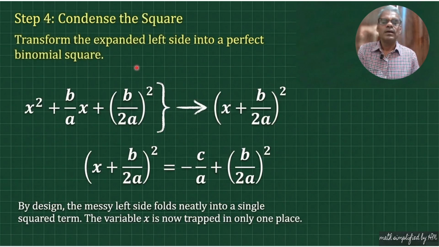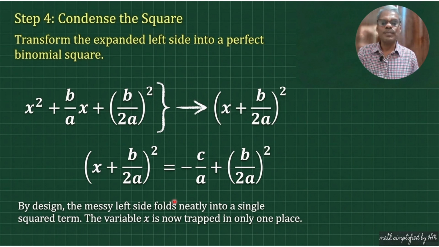Now we will condense the left hand side to the square. Transform the expanded left side into a perfect binomial square. So x square plus b upon a into x plus (b upon 2a) whole square gives (x plus b upon 2a) whole square.